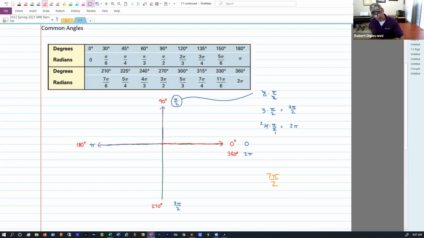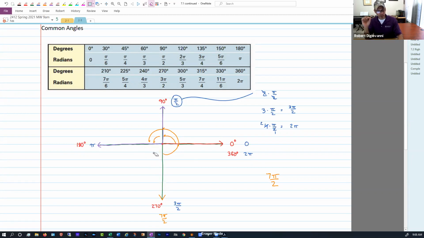So I'd start at my standard position and go 1, 2, 3, 4, 5, 6, 7. So 7 pi over 2 is down here. Your angle is like a couple of rotations, but you would wind up pointing downward. Does that make sense? Any questions there?